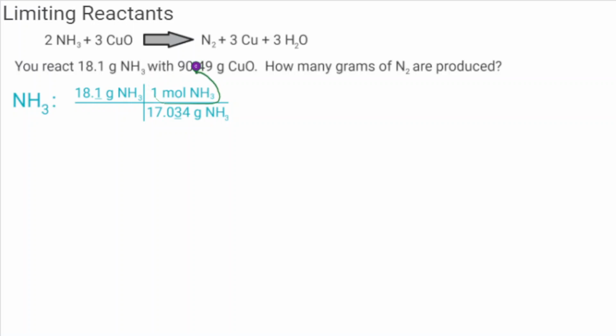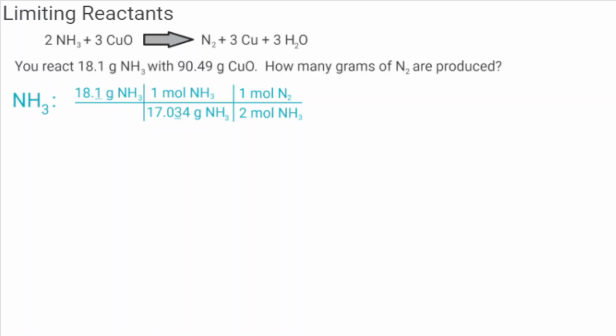Now we have our 1 mole of ammonia. Since we've gotten to moles of ammonia, we can use our chemical reaction. For every 2 moles of ammonia, we can make 1 mole of nitrogen. And so I'm going to plug that in here. Again, for every 2 moles of ammonia, that will be equal to 1 mole of N2.